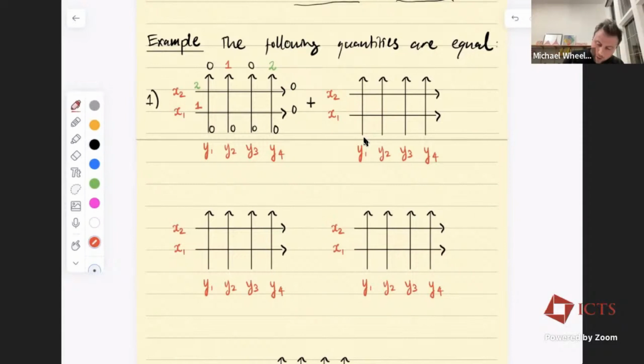That one will have the same incoming state here, for 1 and 2. But what will change will be the positions where the 1 and the 2 exit. So they will just switch places, like this. So that's quantity number 1, the sum of those two partition functions.